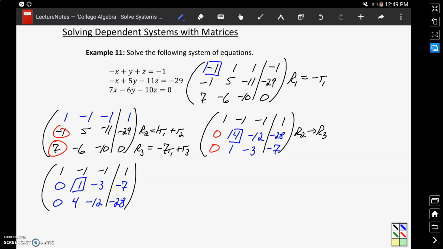So simply by switching rows, row 2, column 2 is a 1, and now we'll look at zeroing out that value below it.